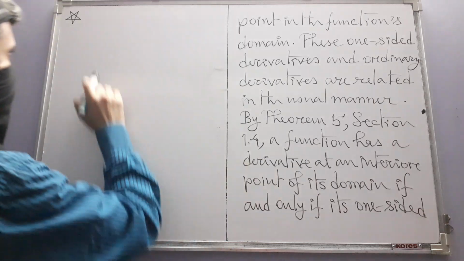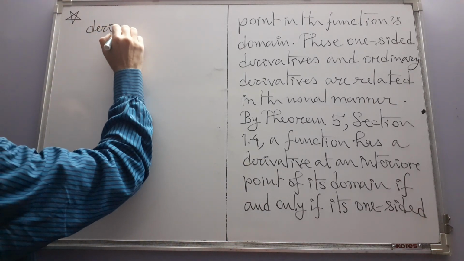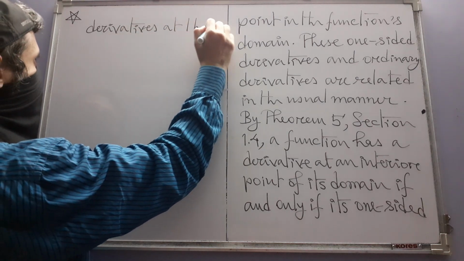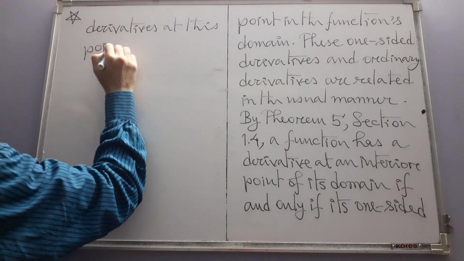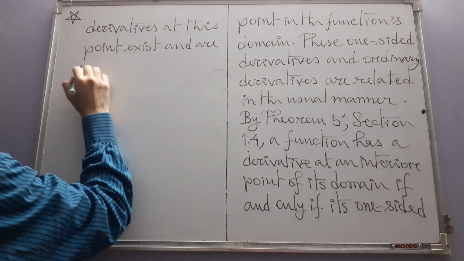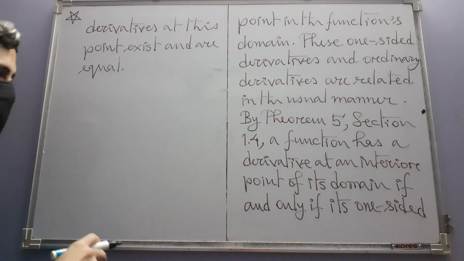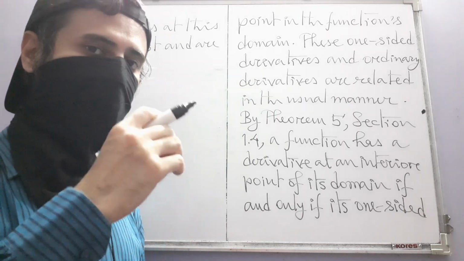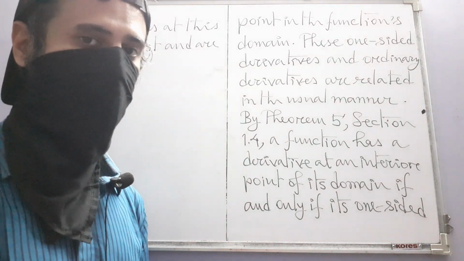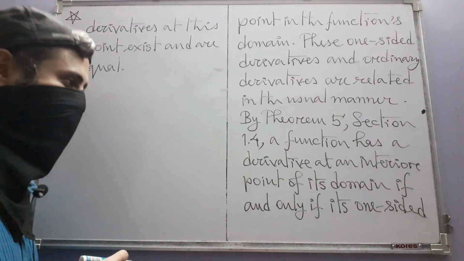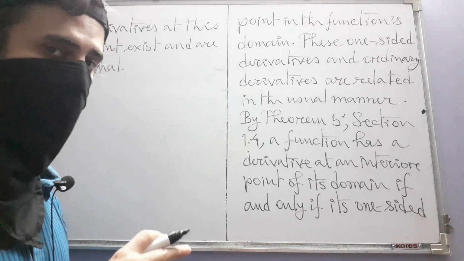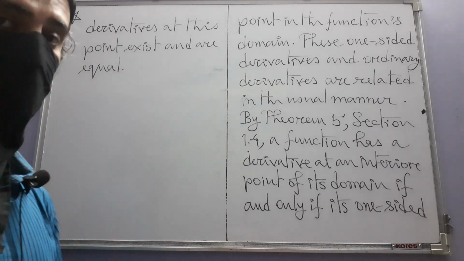So instead of trying to find the derivative of a function at an interior point directly, if you are somewhat skeptical about whether the derivative even exists or not, you can instead try to find the one-sided derivatives at that point and see if they are equal, or in fact even before that, whether they exist or not.